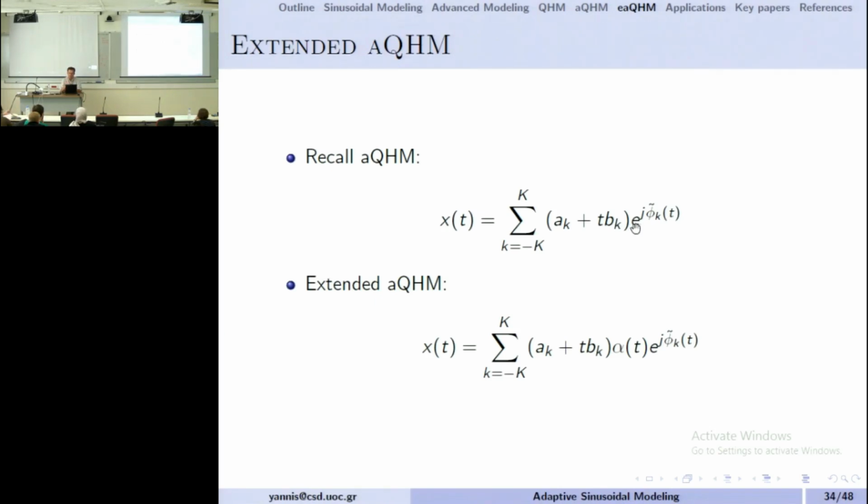I can replace that with another phasor which uses other amplitude information. So now this is a phasor that I will adapt not only in its phase component, but also in its amplitude component. And this is a function of t.